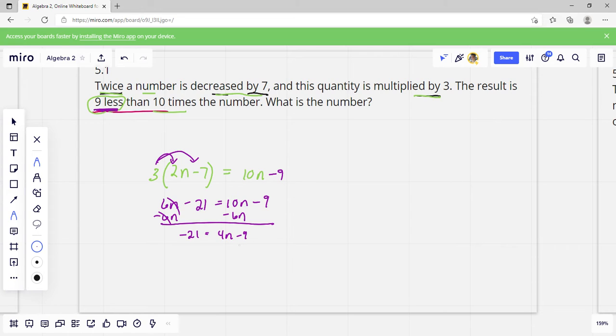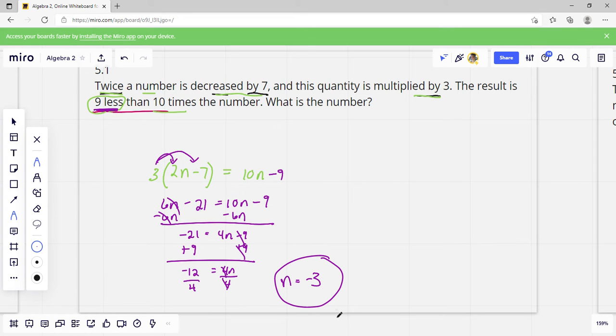Now we're going to do plus 9. Those cancel. And we get 4n equals 21 minus 9 would be negative 12. And then we're going to divide by 4, and we're going to get n equals negative 3. The answer to that one.